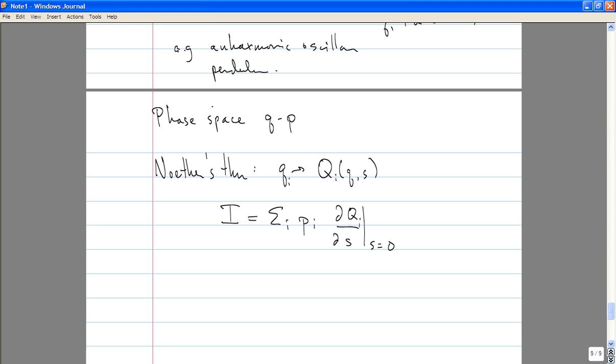And this allowed us to understand all sorts of interesting different conserved quantities.